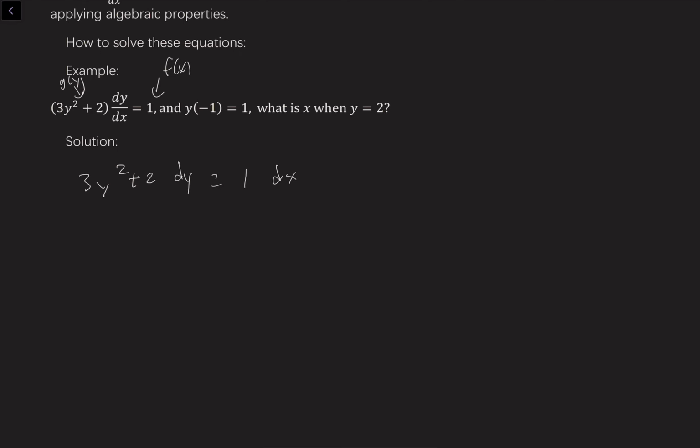We can now take the integral of both sides, and that's y cubed plus 2y plus c1, the first constant, on the right equal to x plus c2. Now we can simplify this: y cubed plus 2y equal to x plus some constant c. Well, a constant minus a constant is still a constant, so we just use c.